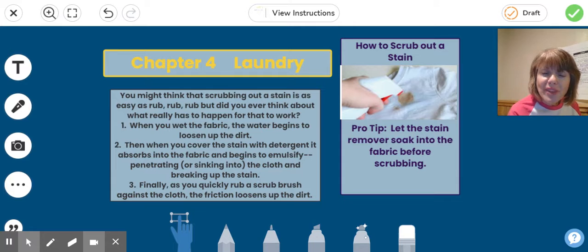Step two, then when you cover the stain with detergent or stain remover, it absorbs into the fabric and begins to emulsify or penetrate or sink into the cloth and break up the stain. Step three, finally, as you quickly rub a scrub brush against the cloth, the friction loosens up the dirt.